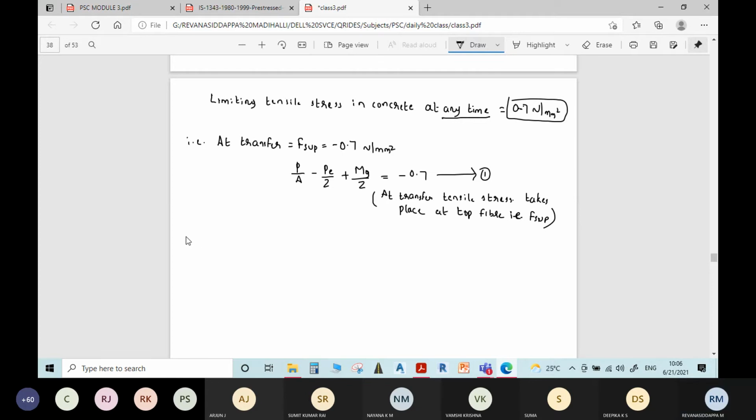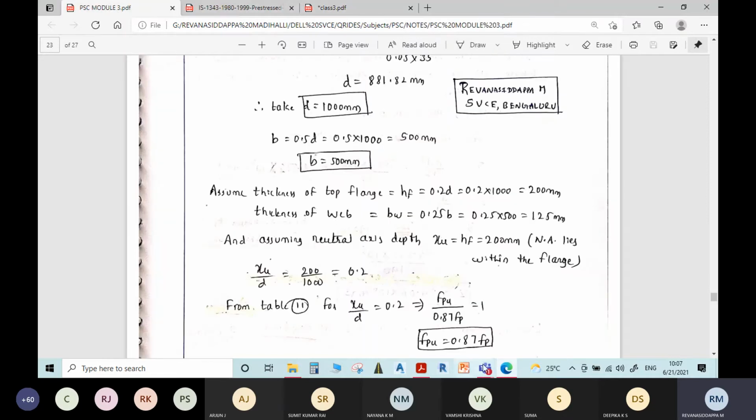Similarly, at service condition, where will the tensile stresses be induced?